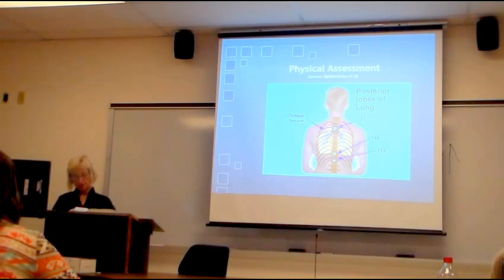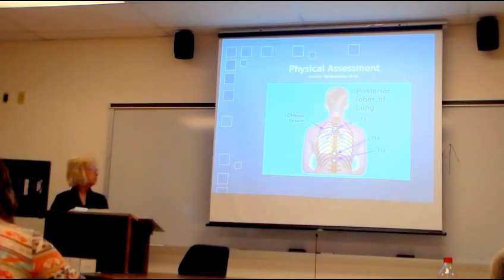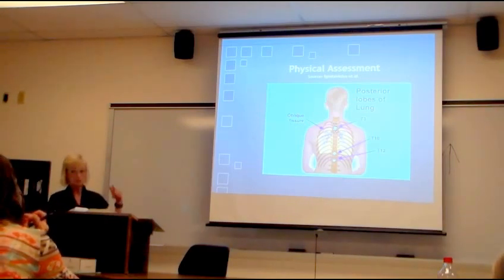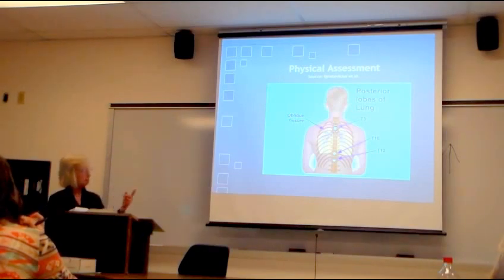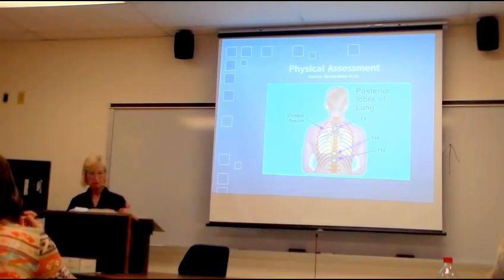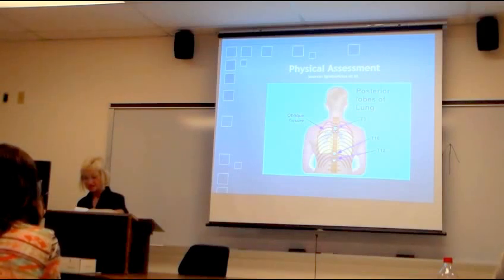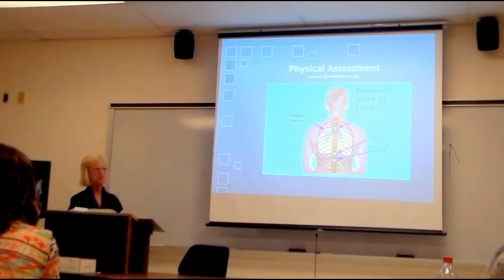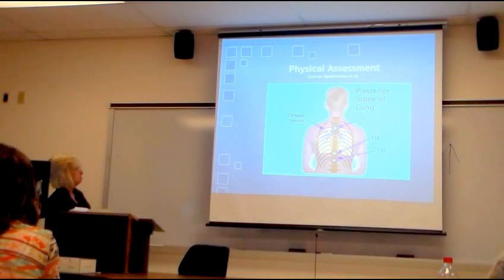Okay. Look at the shape of the chest and compare the anterior-posterior, which is front to back, to the lateral, which is across. The normal ratio is 1 to 2. Someone with emphysema who has air trapped in their lungs usually has a more 1-to-1 ratio and results in a barrel type chest.